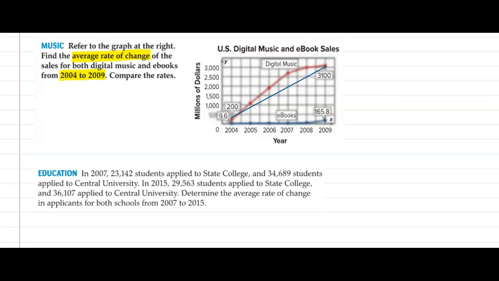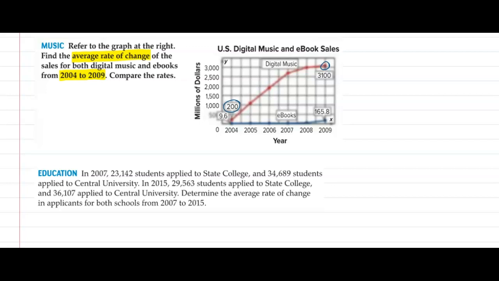The blue part is steeper, the red part is steeper than the blue part, all the way up to about here, and then the blue part is steeper than the red part that's kind of flattening out. So all said and done, this would be the average. So all we have to do to find the average rate of change from 2004 to 2009 is use the values at 2009 and the value at 2004.